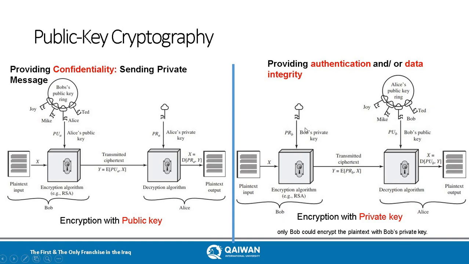He uses his private key to encrypt the message, creating ciphertext, and sends it to Alice, and she uses Bob's public key to decrypt the message and get the plain text output.